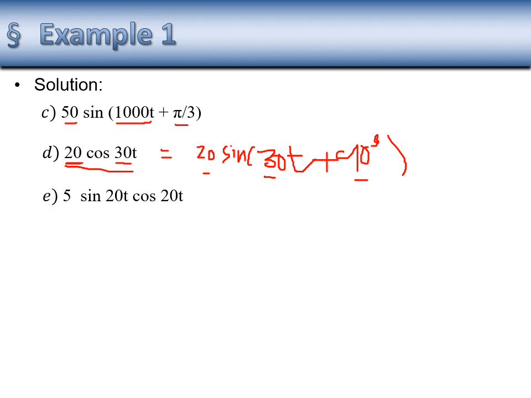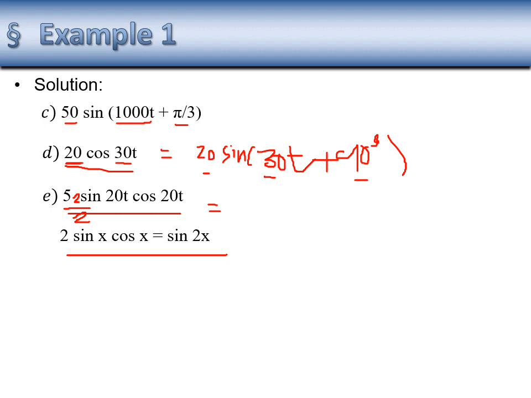Now in this last example, this doesn't look like a sinusoid, but take note that we have a relation in trigonometry that twice the sine and cosine is really equal to the sine of 2 times the argument. So in that case, if for example I put a 2 here, and I also divide it by 2, nothing is changed.